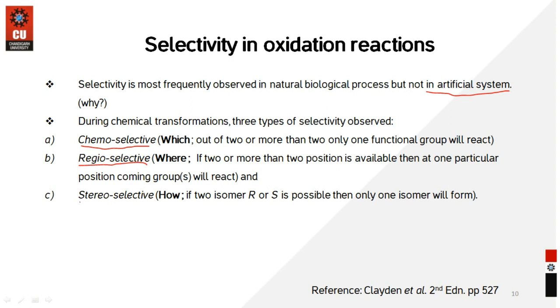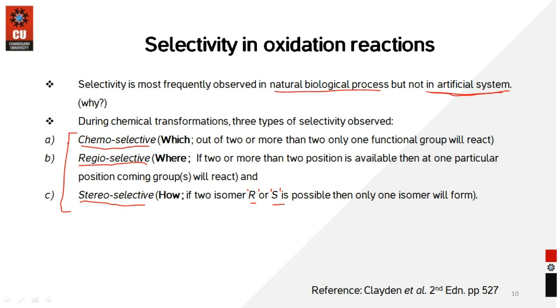Then stereoselectivity. When we talk about stereo, we are always interested in R and S configuration, whether the molecule has R stereochemistry or S stereochemistry. To maintain all three selectivities, the natural biological processes are in demand, rather than artificial systems.